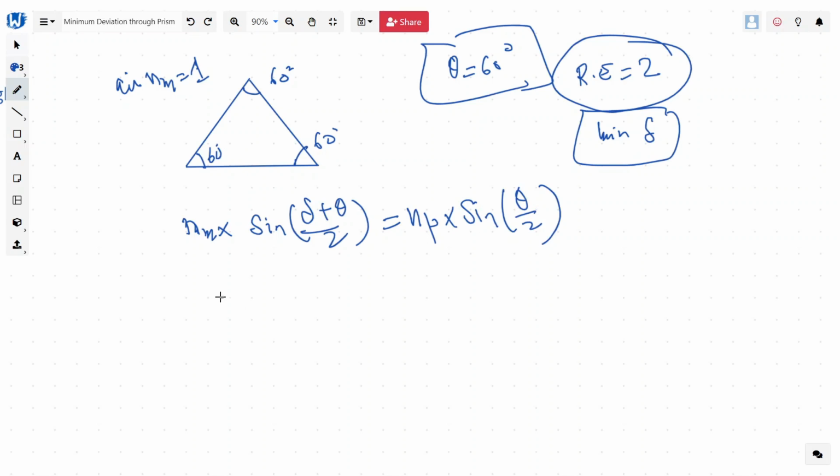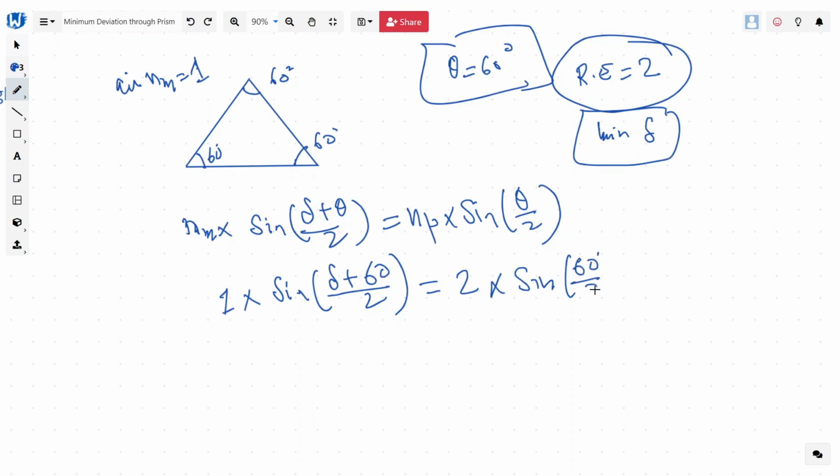Theta is known, n of medium is 1, into sine of (delta plus 60) by 2. n of prism is given as 2, into sine 60 by 2.